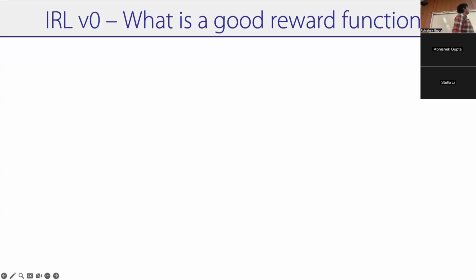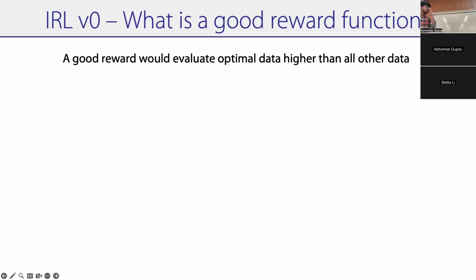A potentially easier way of thinking about it, even if you don't want to re-optimize everything, is that a good reward function is something that scores optimal data higher than all the other data. It says that under my reward function, my value for the trajectories from my expert would be higher than the value of all other policies.